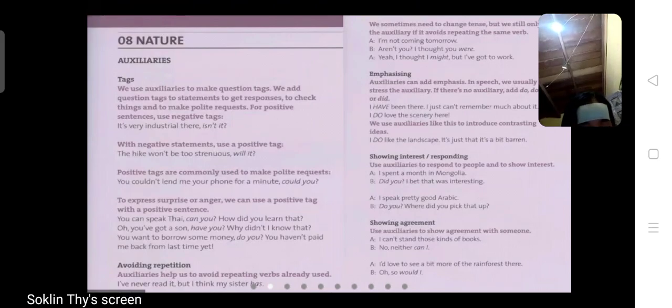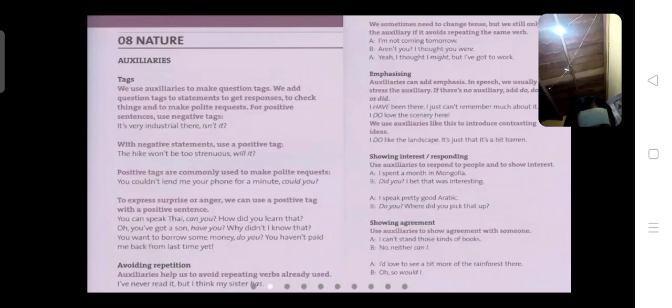Example: A: I spent a month in Mongolia. B: Did you? I did, it was interesting. A: I speak pretty good Arabic. B: Do you? Where did you pick that up?